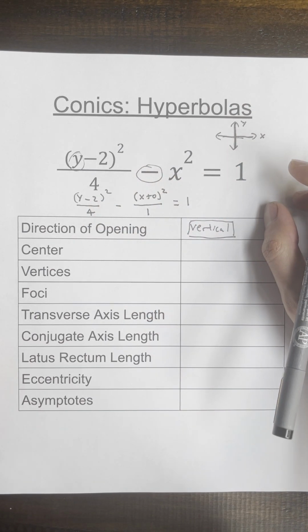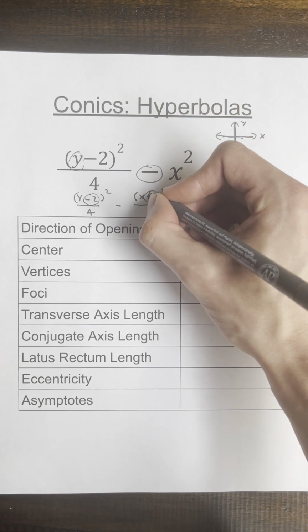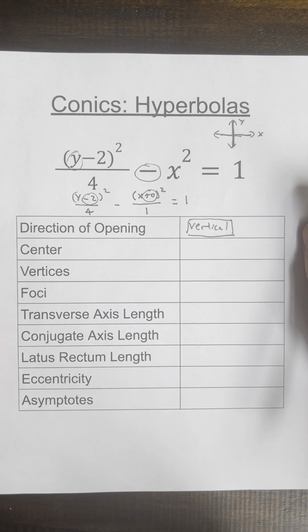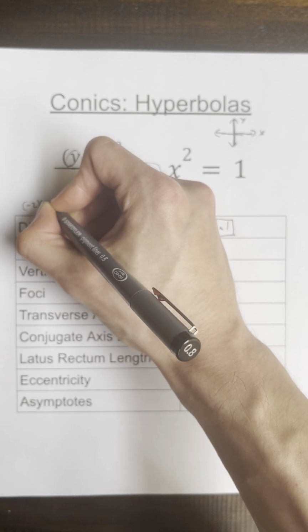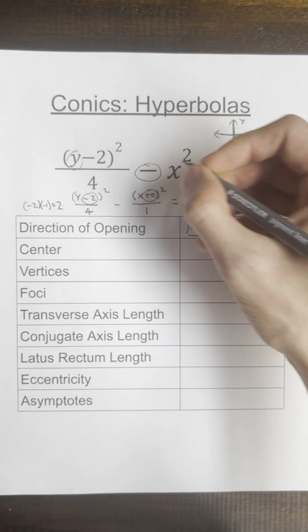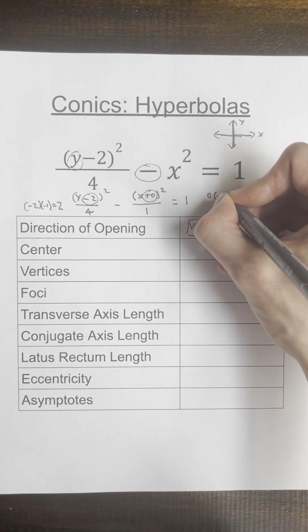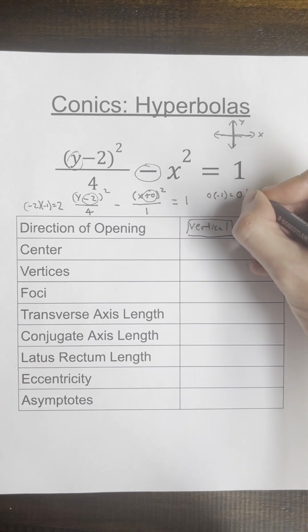How do we find the center? We need to multiply this number and this number by how much? By -1. So -2 times -1 is how much? 2. 0 times -1 is how much? 0.